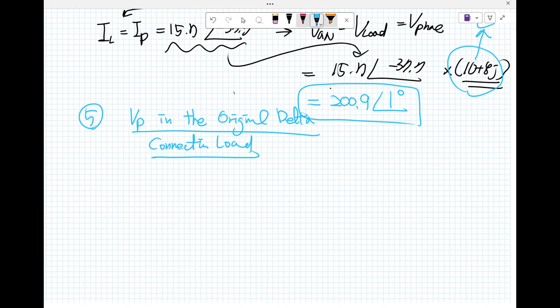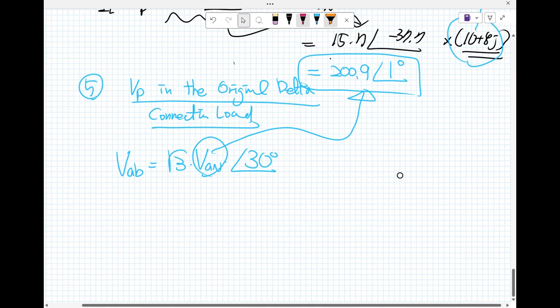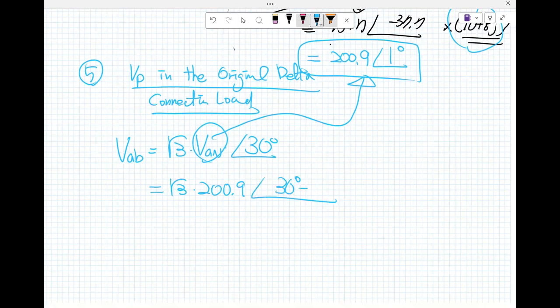In the delta, you learned before there is a formula: V sub AB equals root 3 V sub AN at 30 degrees, right? But V sub AN we have already calculated before, 200.9 at 1 degree. So that was root 3 times 200.9, at 30 plus 1.